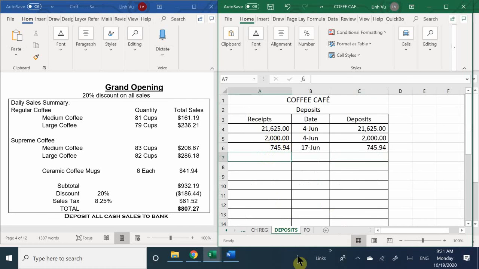How much did we receive? 807.27. And what is the date? 18. And we're going to deposit that money immediately. Okay, for 807.27.